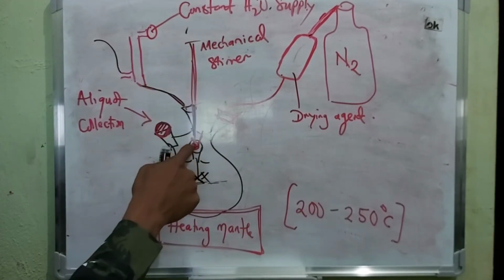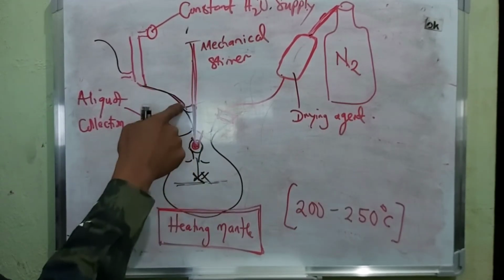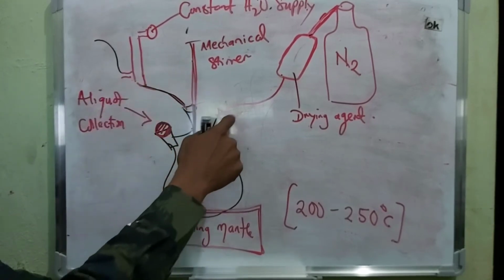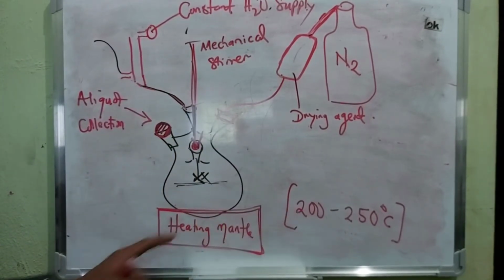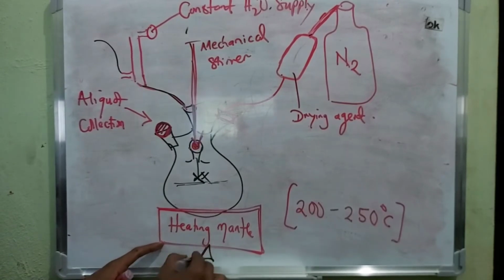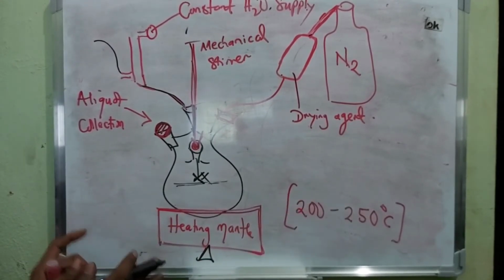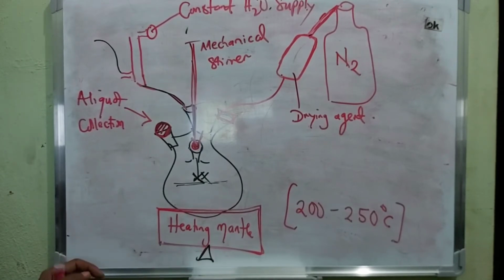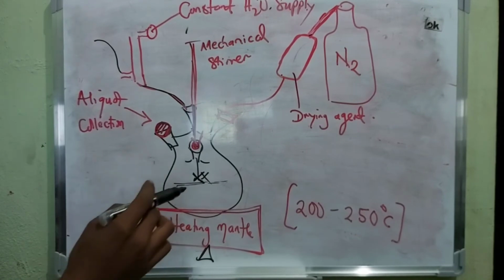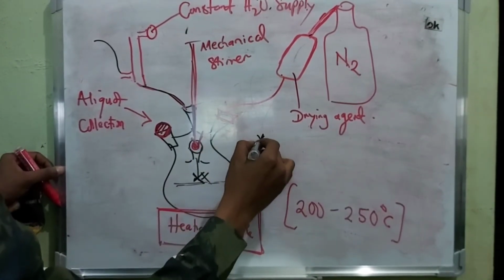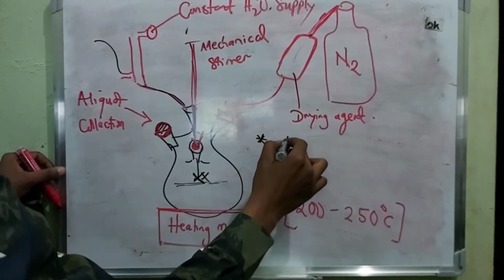Mechanical stirrer, your condenser, your nitrogen gas. Operating temperature of the heating mantle is 200 to 250, and that is just the setup for the alcoholysis process. So in the alcoholysis process, the only reagents you are introducing are your drying oil.